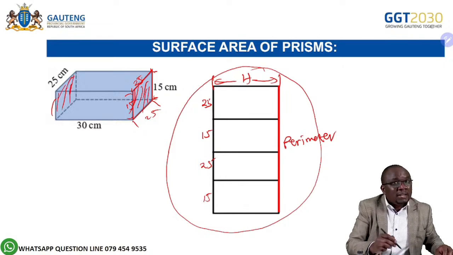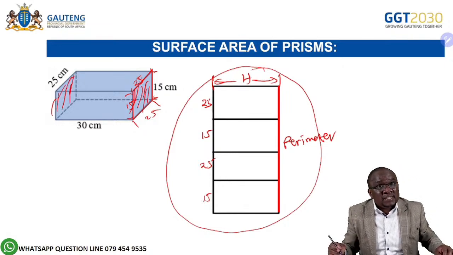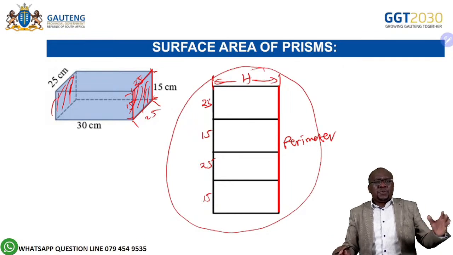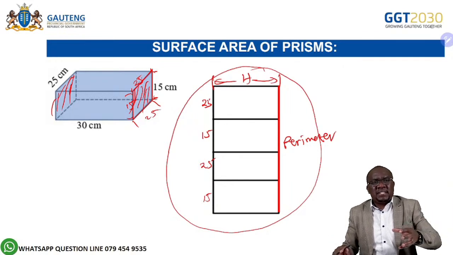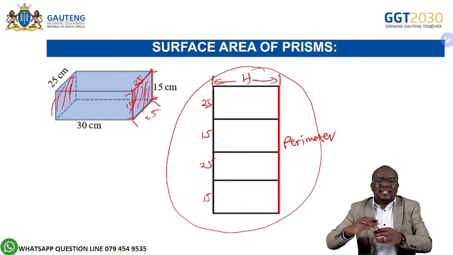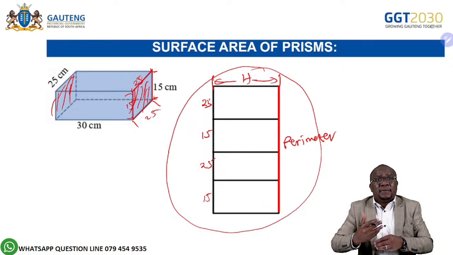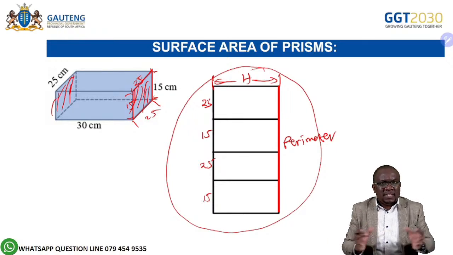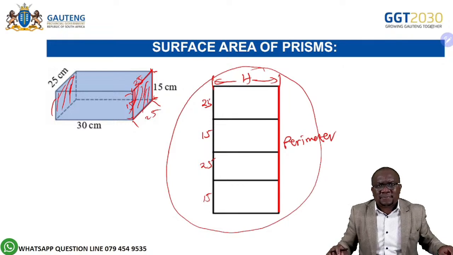Remember, we started by calculating what? The area of the bases. Okay? So let me say it again. We find the area of the bases, and then we find the area of the lateral faces by saying perimeter of the base times height of the prism. Then we add those two things.